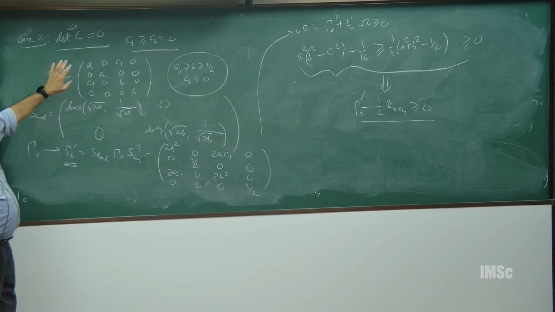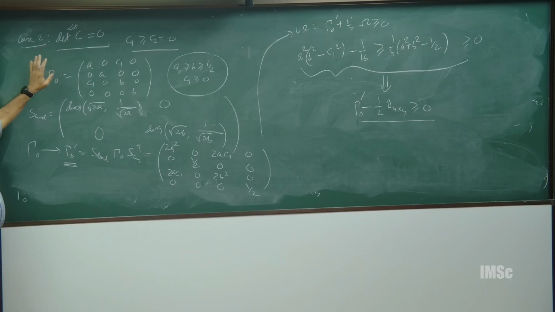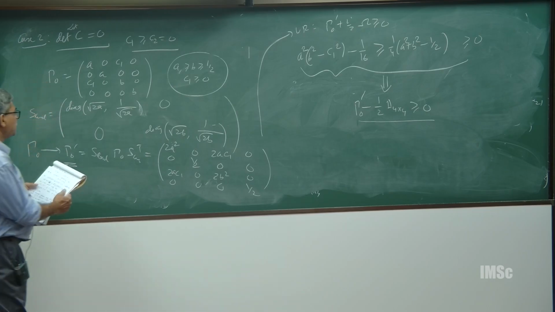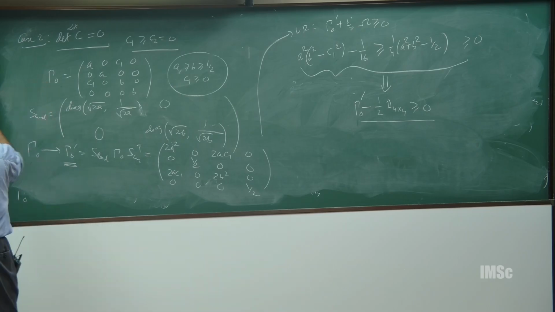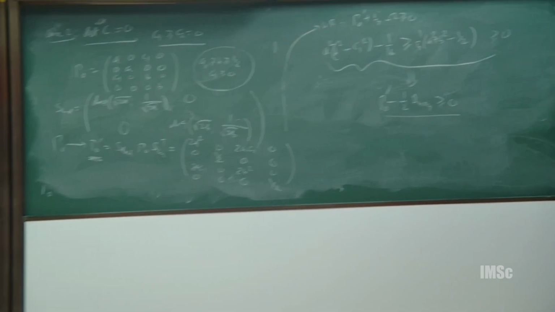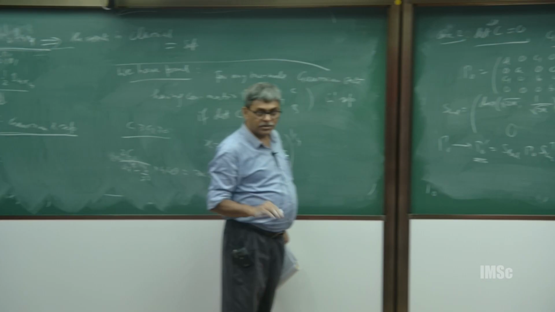So, you see that if you assume this condition, then in this case also the corresponding 2-mode Gaussian state is separable, okay, right. So, what we have proved is that this entire result, that if I take a 2-mode Gaussian state with covariance matrix gamma where determinant of C greater than equal to 0, then the state is separable, right.